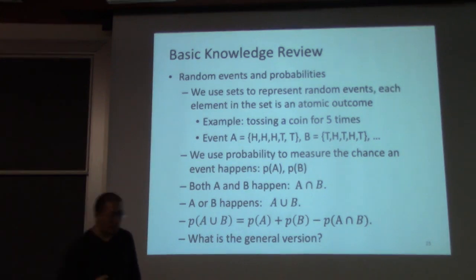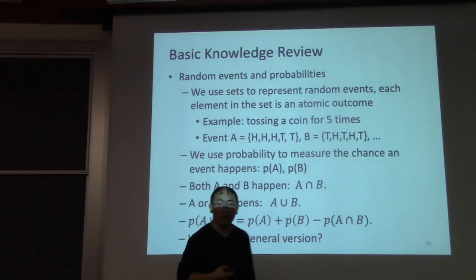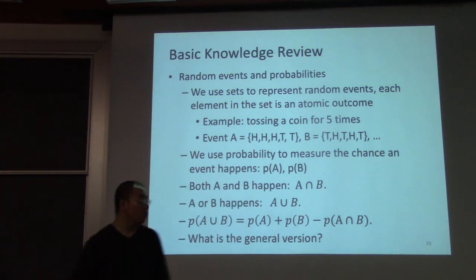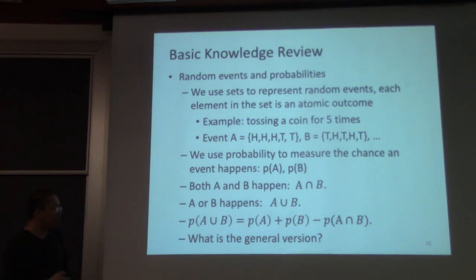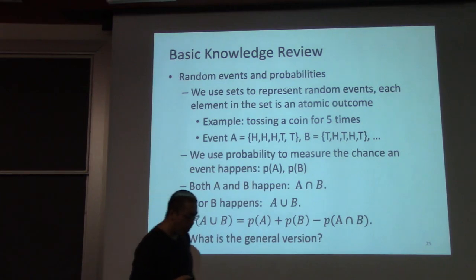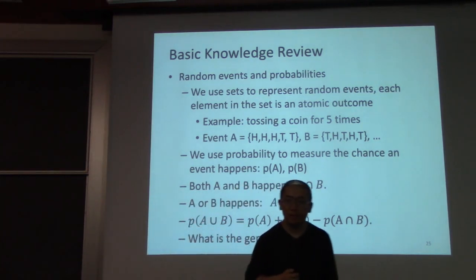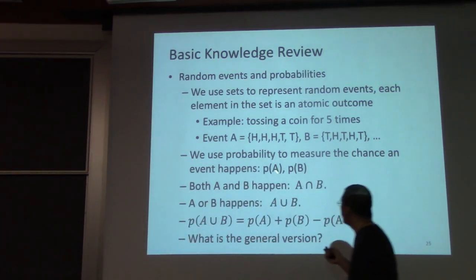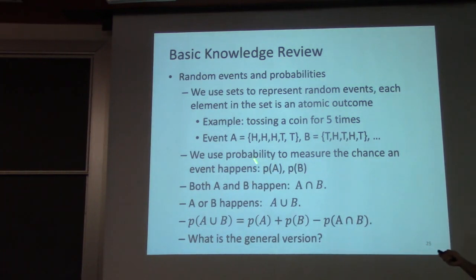So a set is the basic element to represent random events. Then to measure the chance that a particular event happens, we assign a probability measure on those sets. Probability is essentially a mapping from sets to a number between 0 and 1.